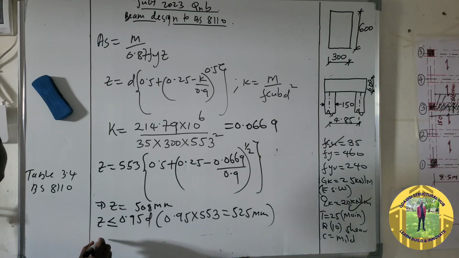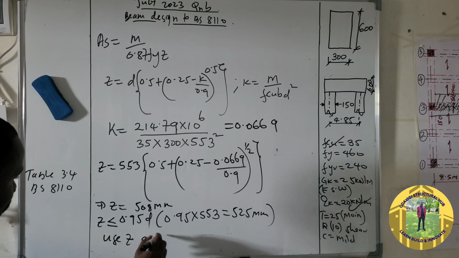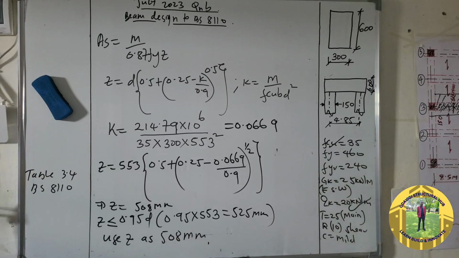Therefore, use Z as 508 millimeter. So this is our Z, 508 millimeter.